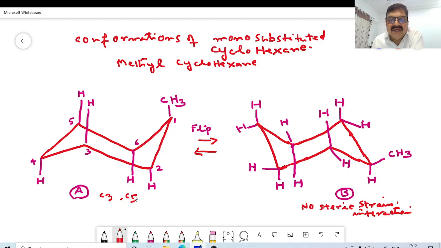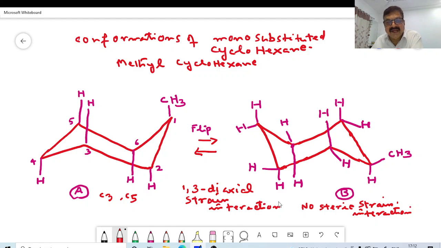Then there will be an interaction called 1,3 diaxial strain interaction. Okay, so there will be 1,3 diaxial steric strain interaction between the methyl group and the hydrogen atoms on C3 and C5.